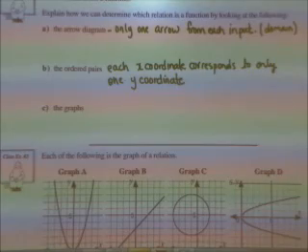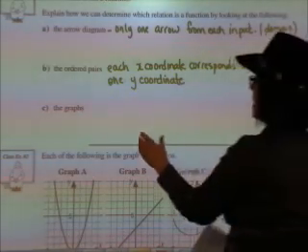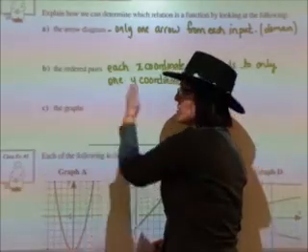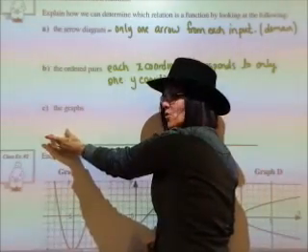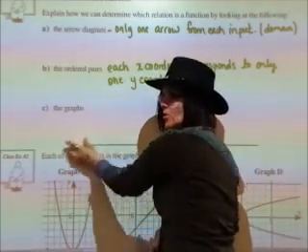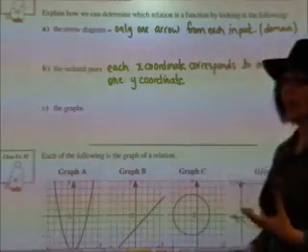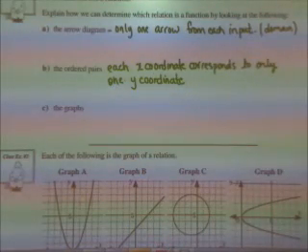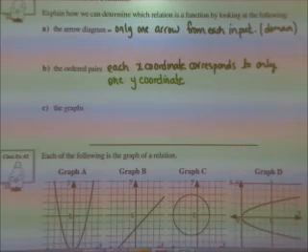So on the left-hand side, I had 4 and 1, 4 and 2, and 4 and 4. Because the x-coordinate could go to 1, or 2, or 4 for a y-coordinate, it's no longer a function. Because I basically used the x-coordinate more than once.